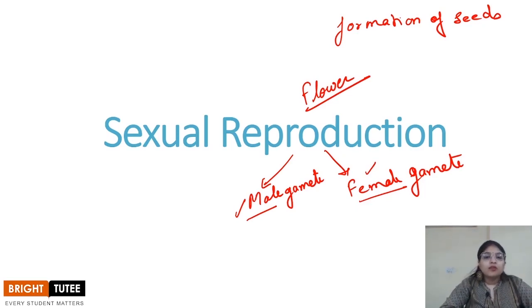So in this session, we are going to discuss the structure of the male and female reproductive parts of a flower, and also see how the formation of seeds and fruits takes place.